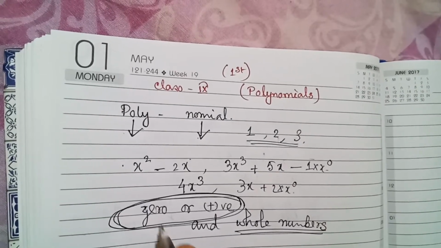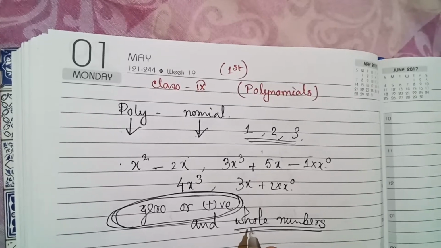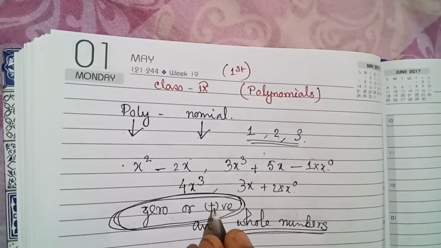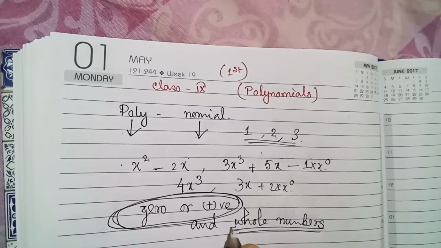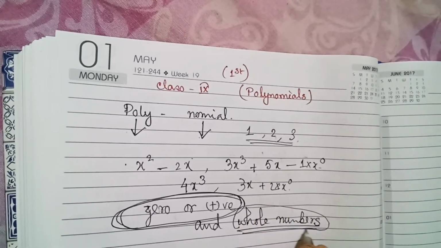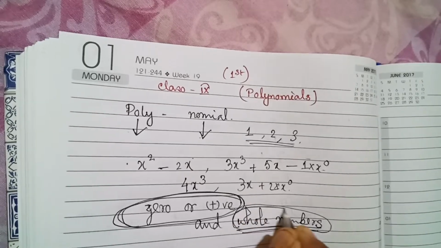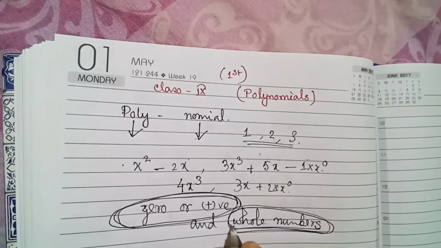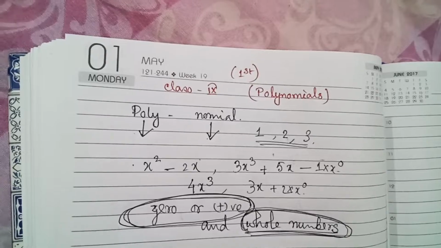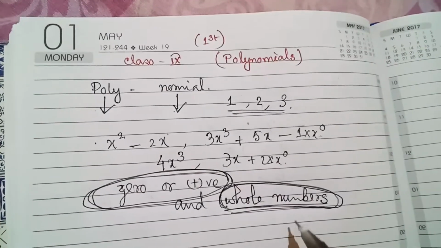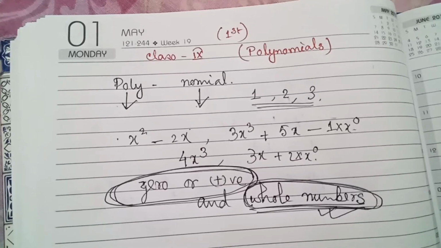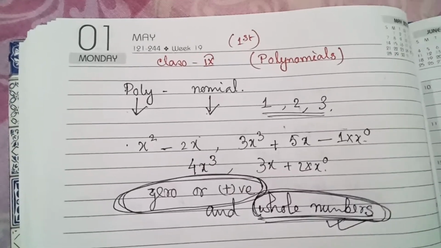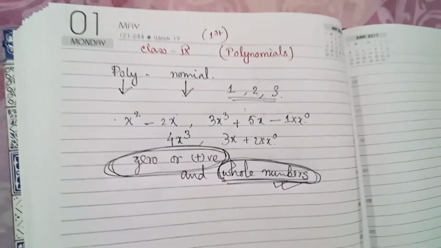So 0 actually comes into whole numbers and positive also comes into whole numbers. So we can tell that the powers must be whole numbers, not fraction, not negative. This is the main criterion for an algebraic expression to be a polynomial.